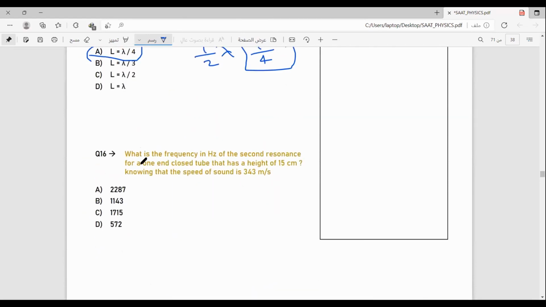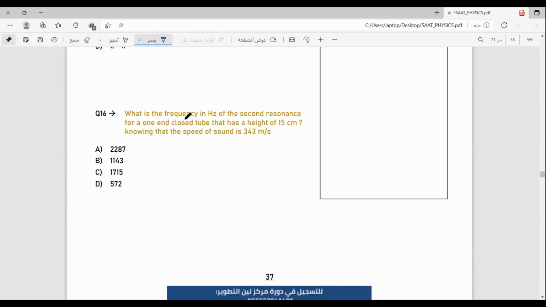Now let's go to this question. Now that we have a little calculation here, what is the frequency in hertz? We are asking about the frequency of the second resonance for a closed-end tube that has a height of 15, knowing that the speed of sound is 343.